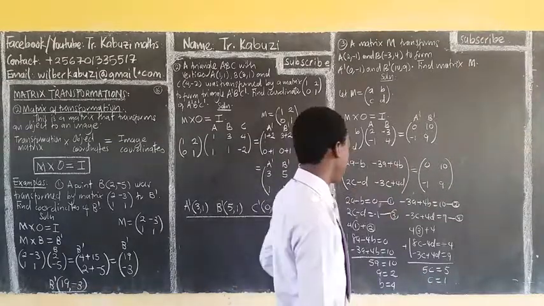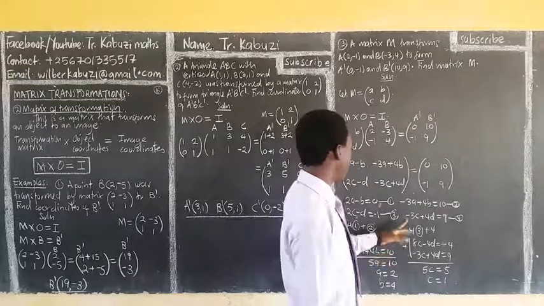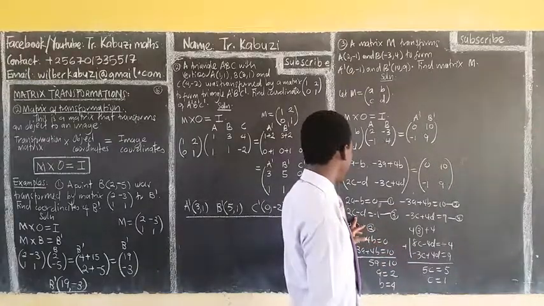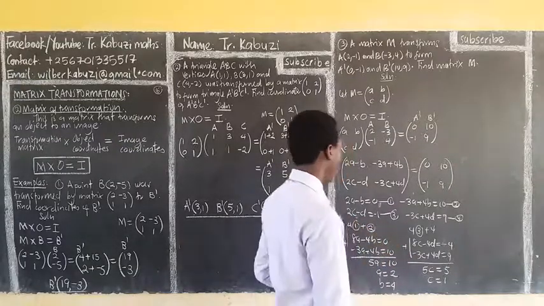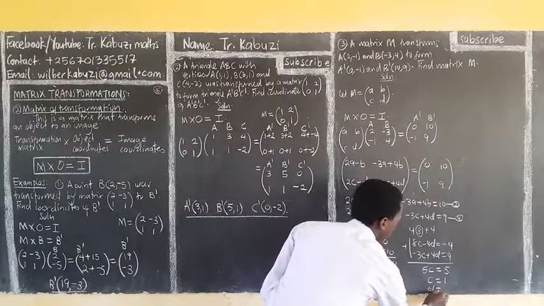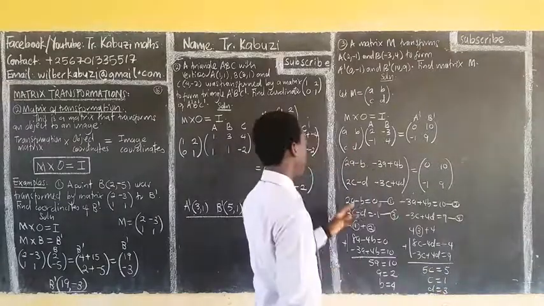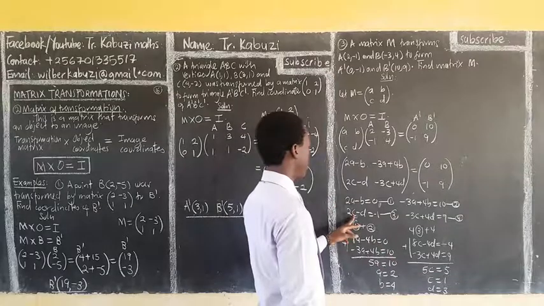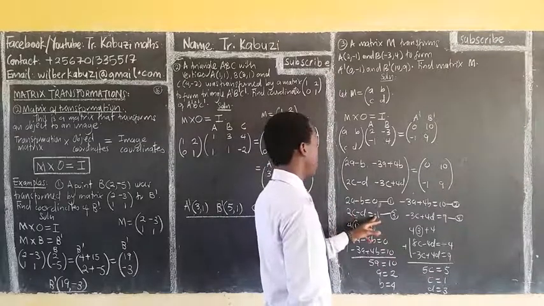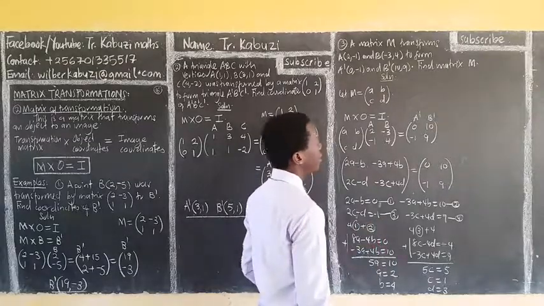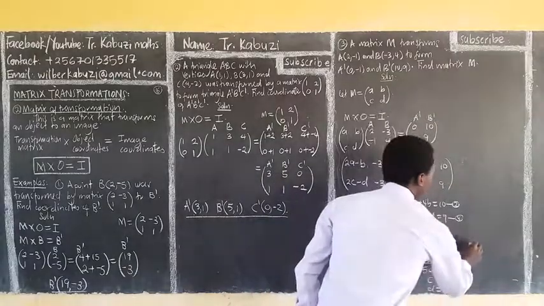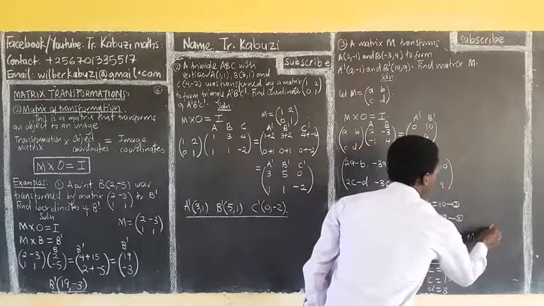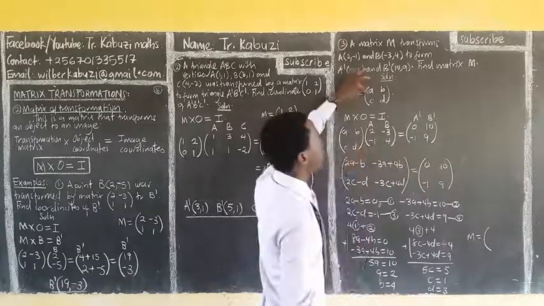If your C is 1, and you put here 1, when you take it aside, your D is going to be 3. Therefore, matrix M, remember, we have to maintain this order.